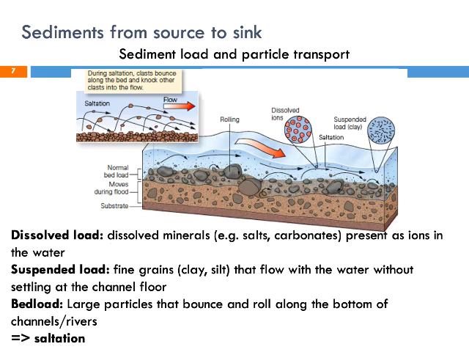Rainwater and surface water can dissolve certain minerals. Salts and carbonates are particularly prone, but other weathering processes can also break down silicate minerals, for instance, and the dissolved material will be contained in the surface water or in the groundwater. This dissolved material is referred to as the dissolved load in a water.